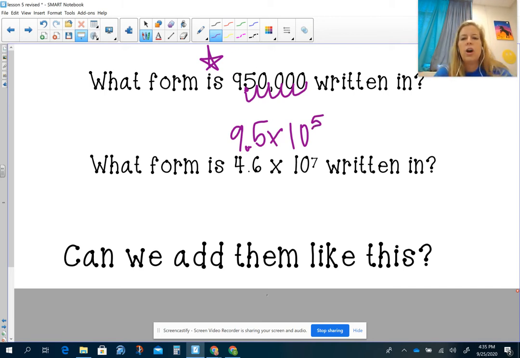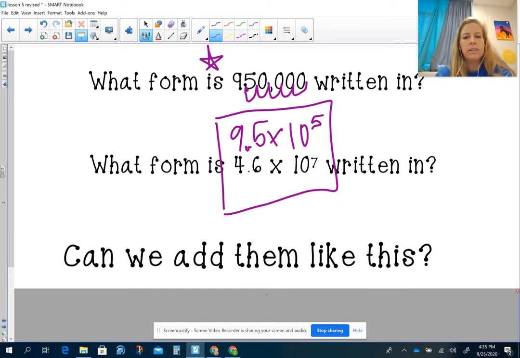Okay, so now we're focusing here. Let's talk about why. Even though they're written the same, am I allowed to add them now? What do you notice? Do you notice they're different?